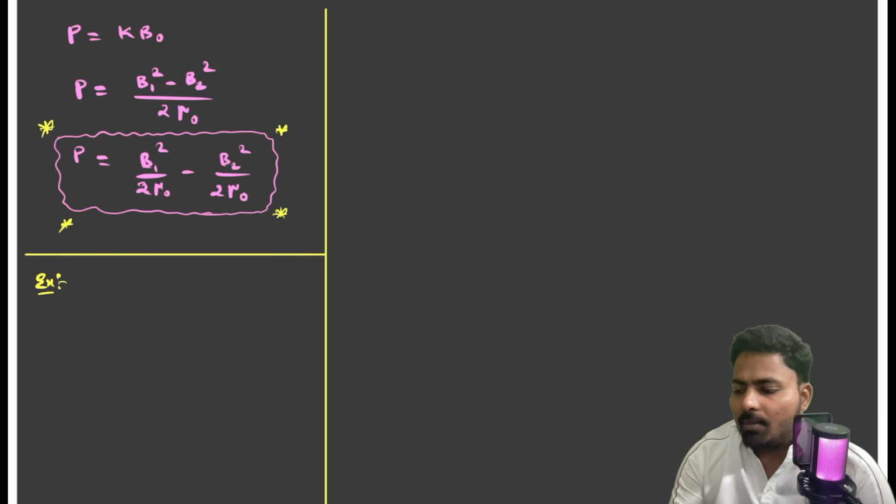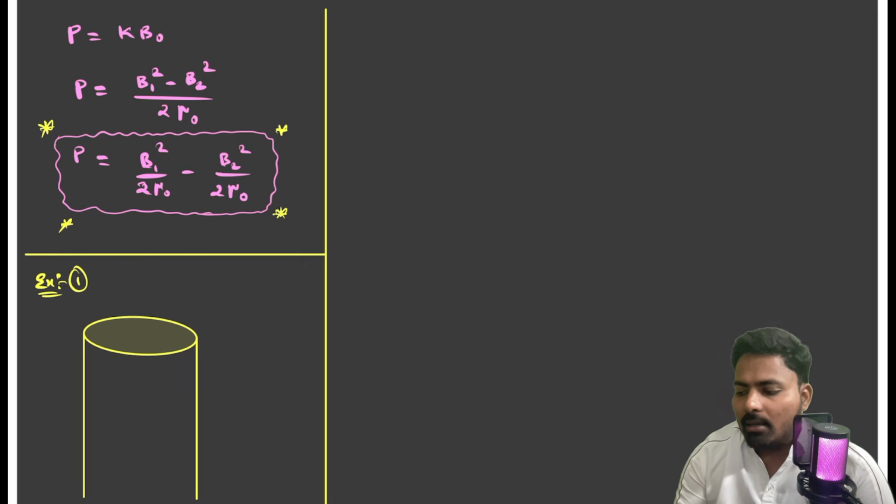So this is example number one. Let me consider a hollow cylinder which is carrying a total current I in the upward direction. I is the surface current.